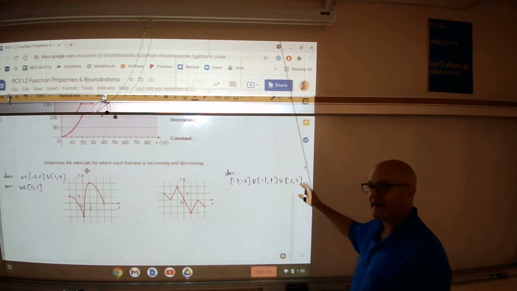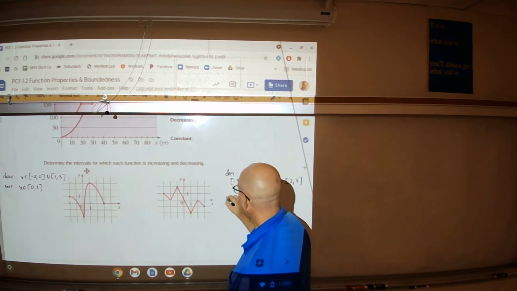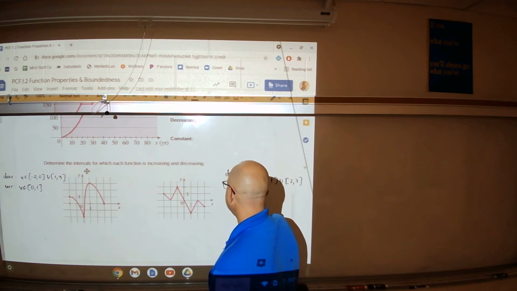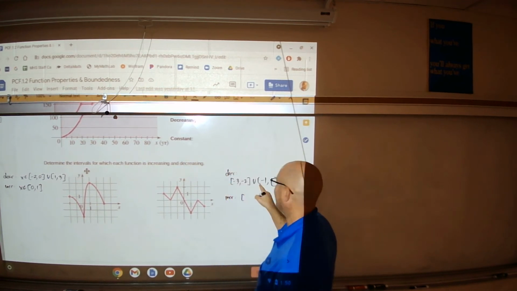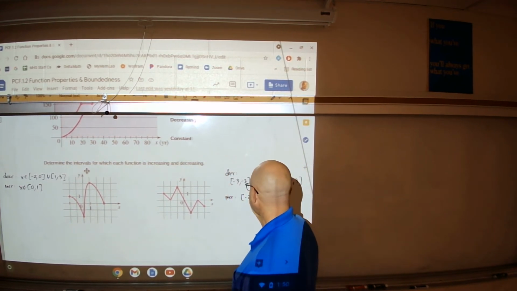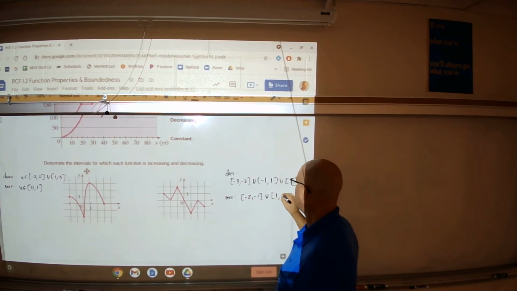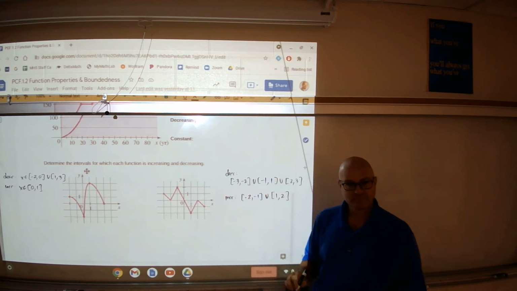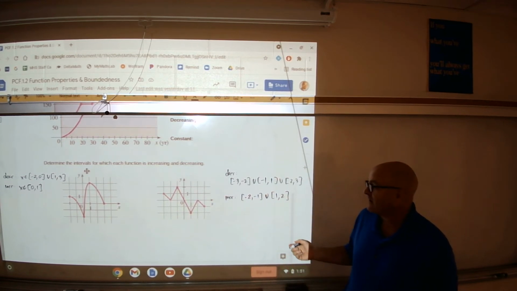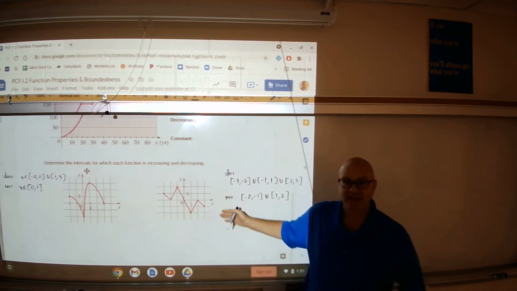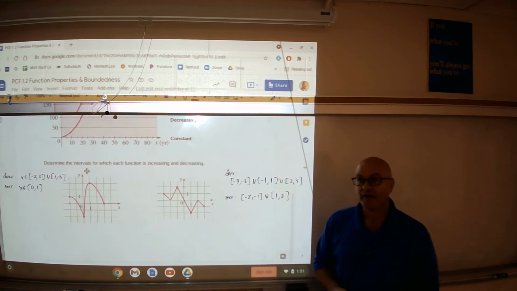Again, these are all x values, correct? And then it's increasing from, I can kind of cheat and look and see where the gap's at, -2 to -1, and from 1 to 2. Right. Now, where the function's not defined, like out at 4, it's not increasing or decreasing. It's just not even defined.